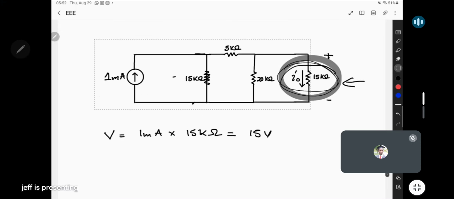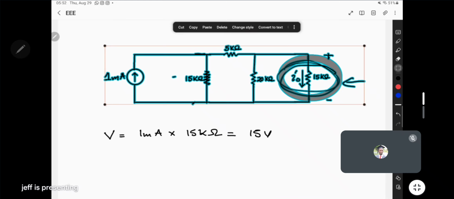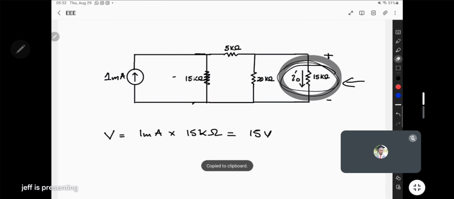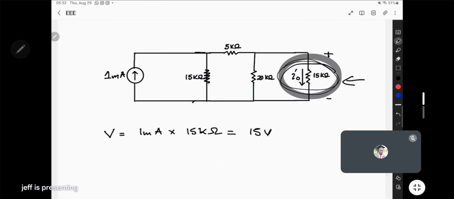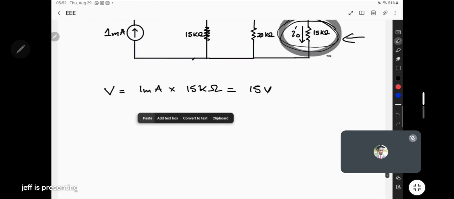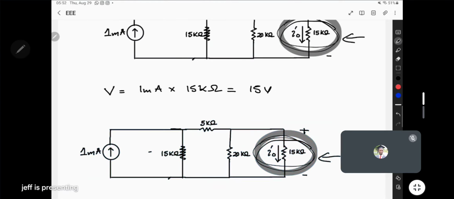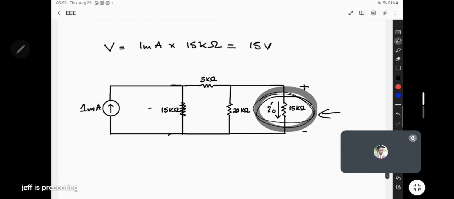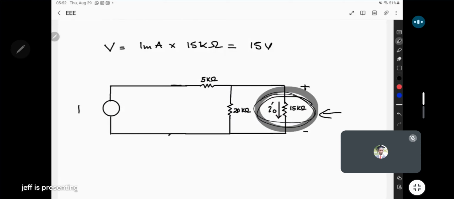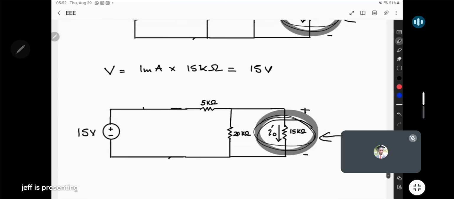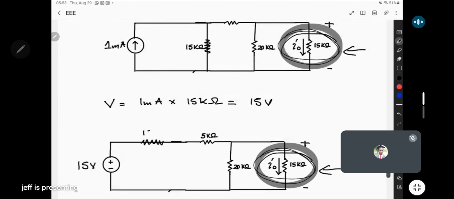How would the circuit look like? So this changes to a voltage source, a 15 volt source feeding up in series with the same resistance, 15 kilo ohms.